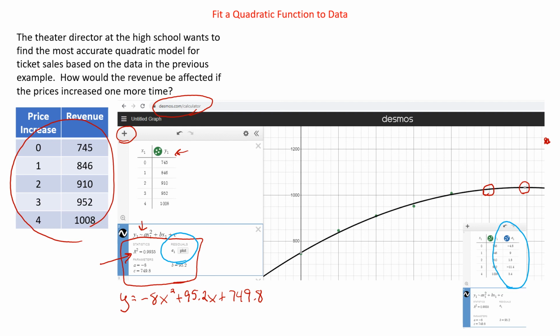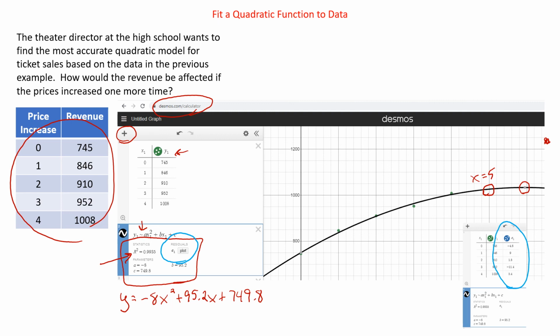If you hover your mouse over it, it will give you that point. It's like 5.95 comma something. But we don't need to find the vertex for this problem. If you did, though, it's right there. We want to find the point when x equals 5.